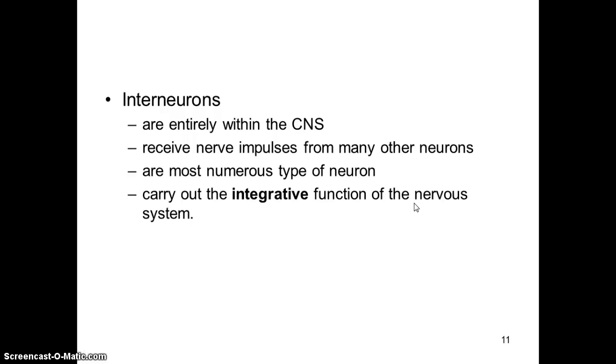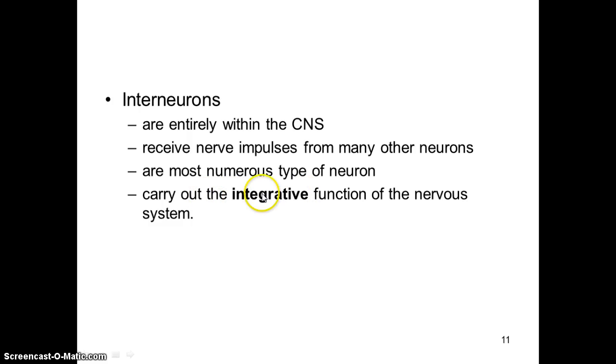About 99% of our neurons are interneurons. They are entirely within the central nervous system. We do not have interneurons in the peripheral nervous system, which means that they're not going to be part of nerves. They receive nerve impulses from many other sensory neurons and transmit those impulses to motor neurons.